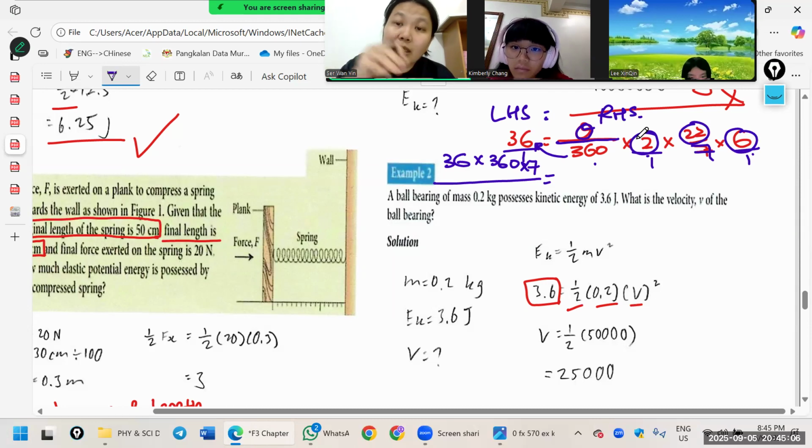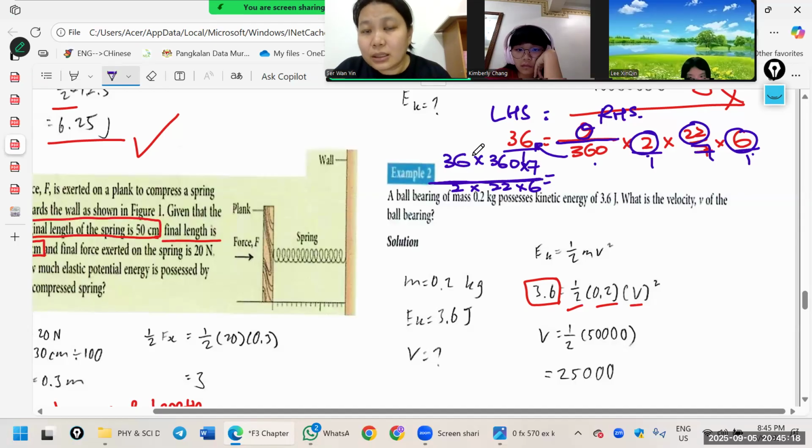So you move down means you divide. Divided by 2, divided by 22, divided by 6. Although it is multiplication, it is dividing the bottom, so press 36 times 360 times 7 divided by 2 divided by 22 divided by 6, or use a bracket to divide the whole thing. Then you will get the data.